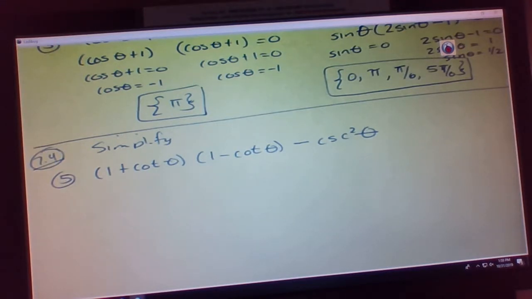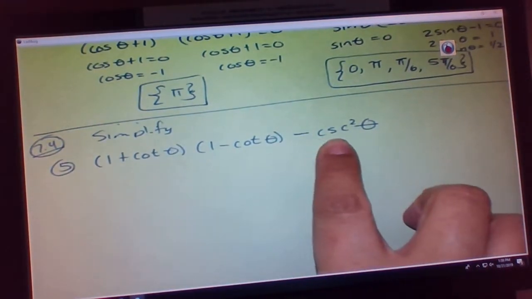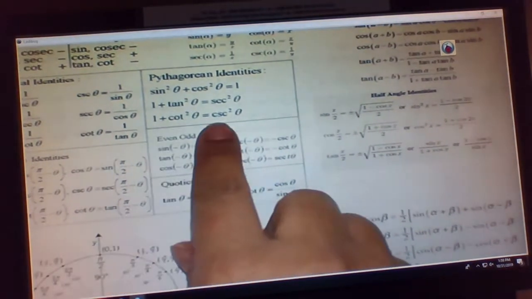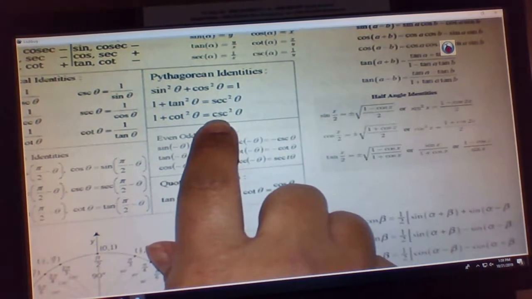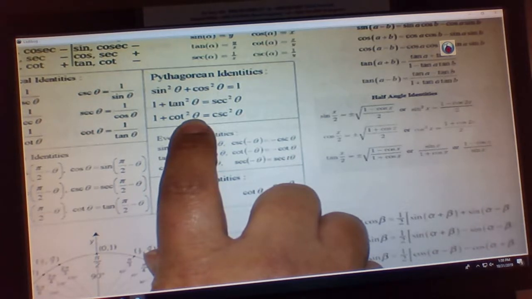So the question here is, I need to simplify, so I need to see if this could just become one thing. The only place I see a cosecant squared is right there. Now, cosecant squared is 1 plus cotangent squared.